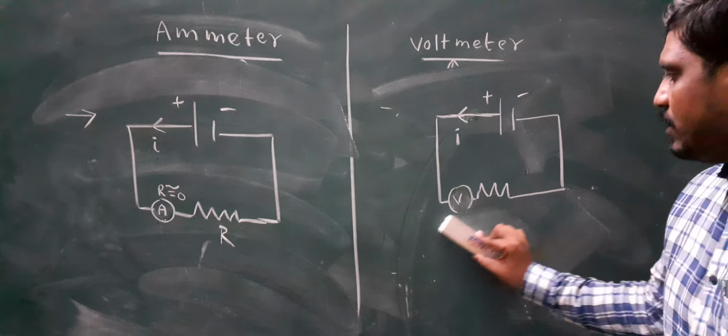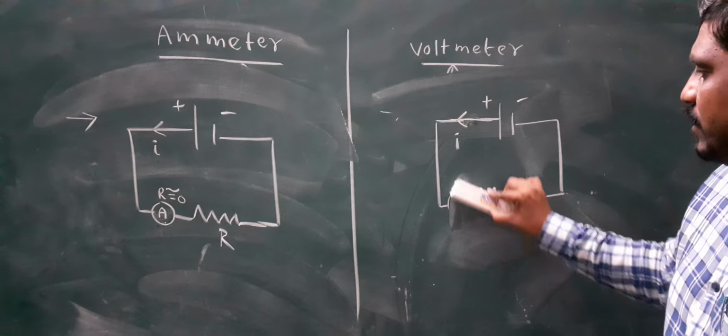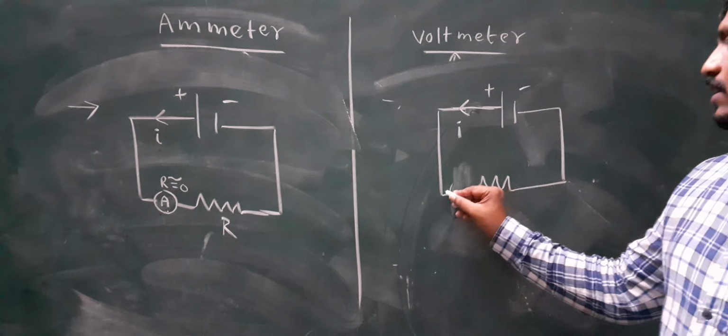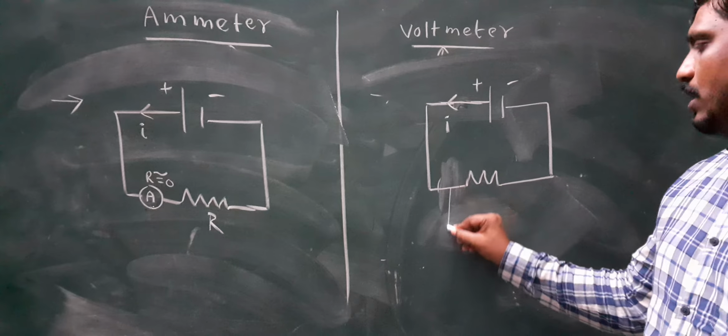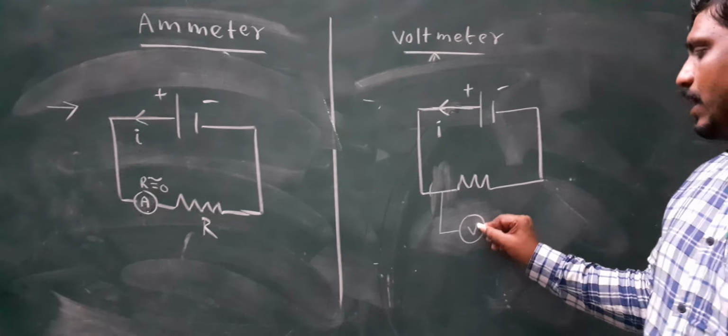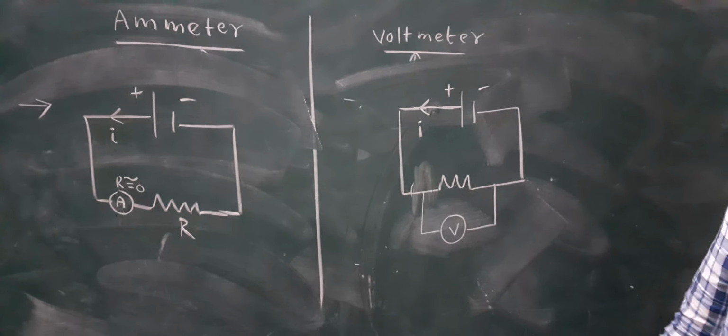That's why the voltmeter is always connected in parallel to the external circuit.